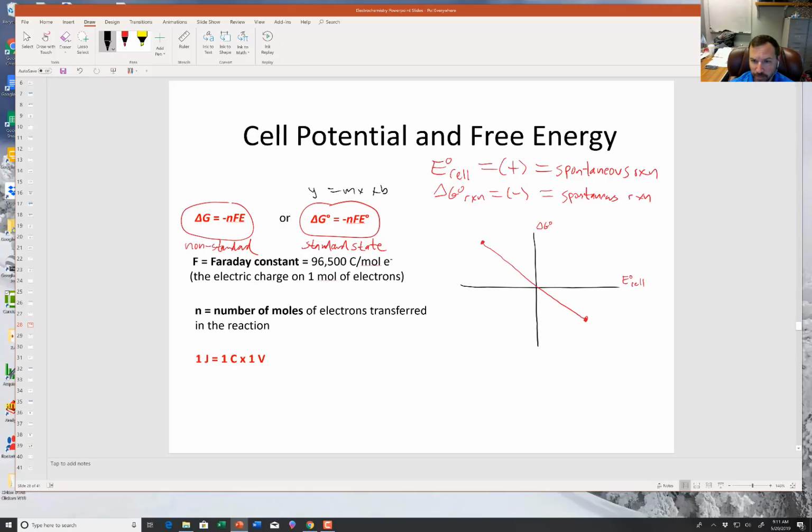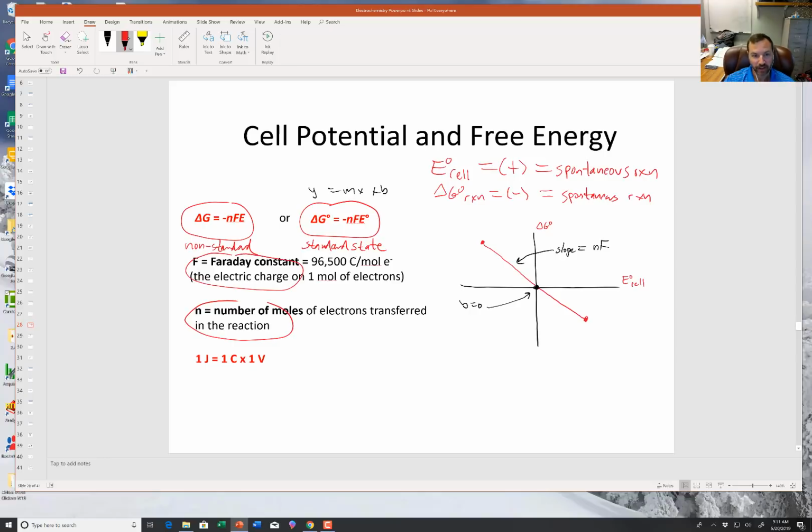Of course, our y-intercept is 0, as we just mentioned. And we can see then that the slope of this line simply equals NF. So this is the number of moles of electrons in the reaction, and then of course Faraday's constant.